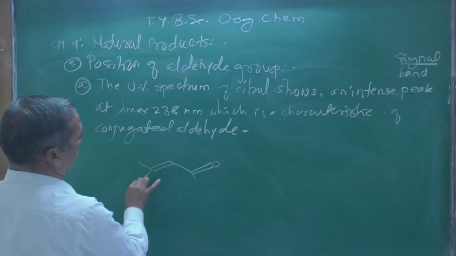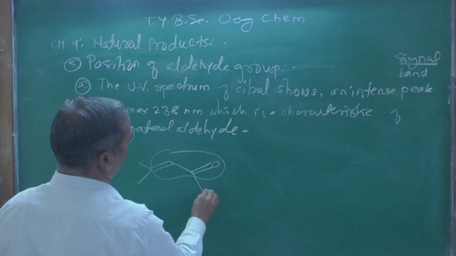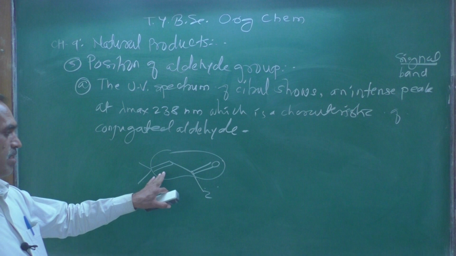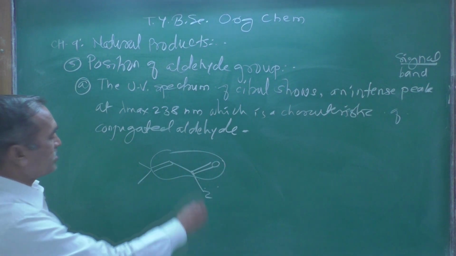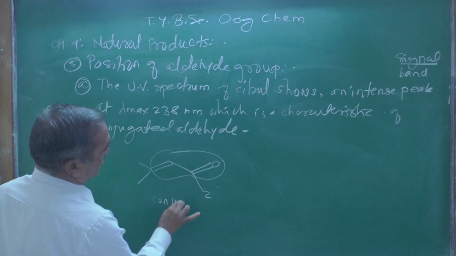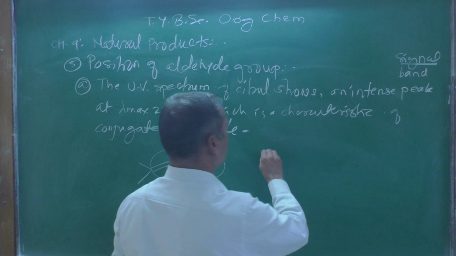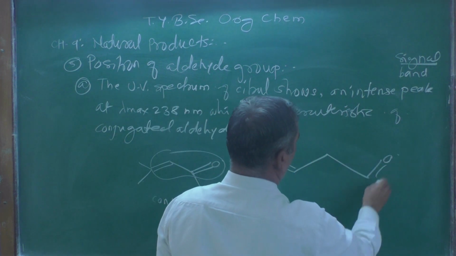Here is a carbon-carbon double bond, and then these are here. You can write it as Z. Carbon-carbon double bond, single bond, and this double bond. That type of system is known as a conjugated system. An isolated system: suppose you have a double bond over here and then you have an aldehyde over here.